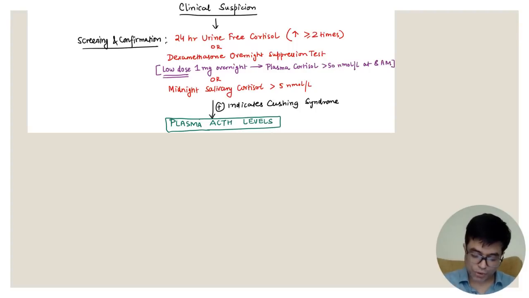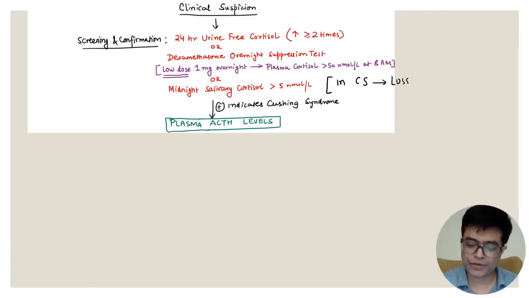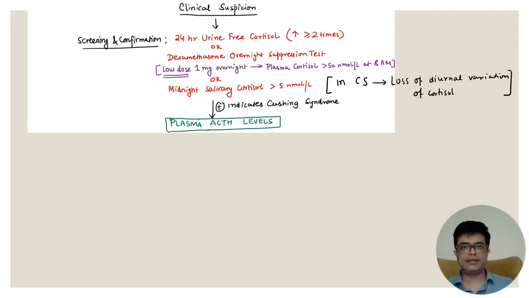Now this third point is very, very relevant to us. Why is it relevant? Because in Cushing syndrome patients, there is a loss of diurnal variation of cortisol. We all know that cortisol levels tend to dip late at night and early morning hours, and it tends to rise in the daytime.